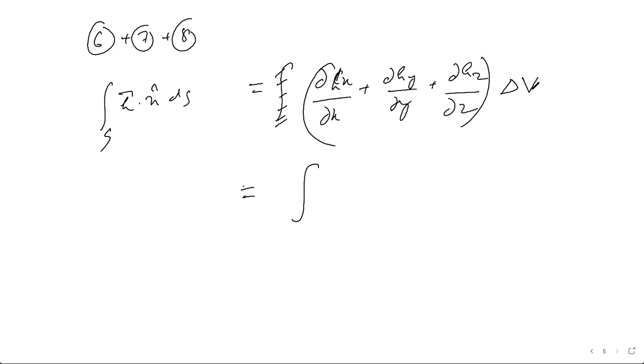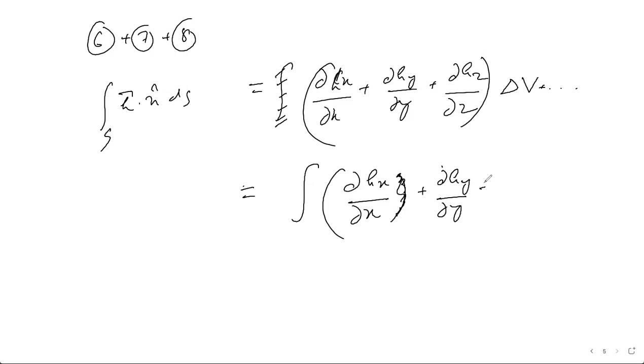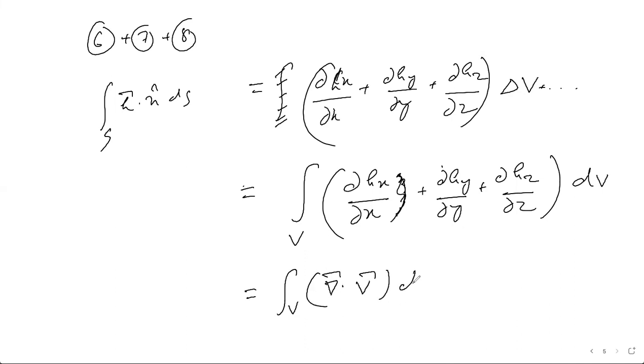So you integrate over delta v, delta v, delta v, and so on, and add them, which is effectively equivalent to delta hx by delta x plus delta hy by delta y plus delta hz by delta z, integrated dv over the volume v. This will effectively be equal to the integral of grad dot h dv, right?